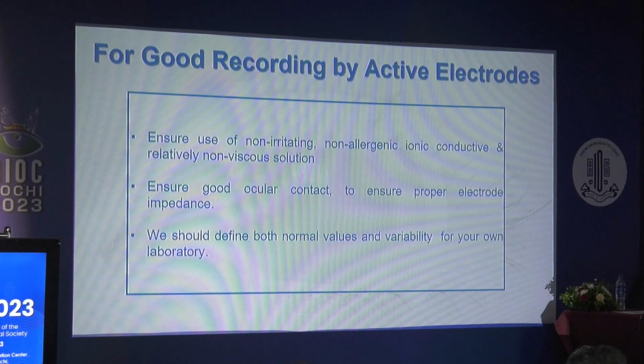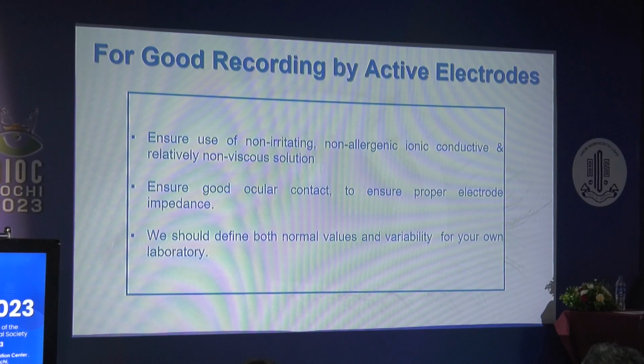For good recording by an active electrode, one must use a non-irritating, non-allergic, ionic, conductive, and relatively non-viscous solution on the skin. Ensure good ocular contact to ensure proper electronic impedance. And although ICF standards are there, we should always define both normal values and a variability for our own laboratory.